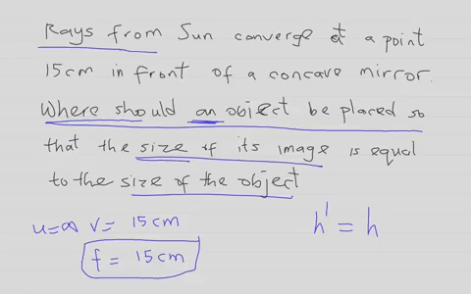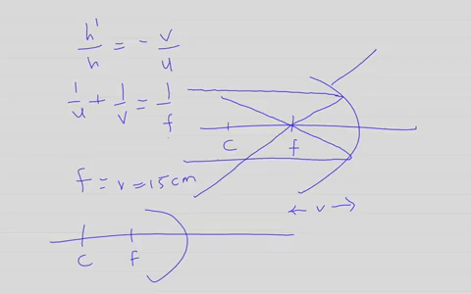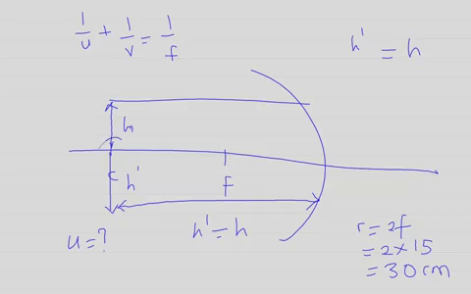We are just talking about an object. Where should an object be placed so that the size of its image is equal to the size of the object? For a concave mirror, that can only happen if the object is placed at C, which is the center of curvature.